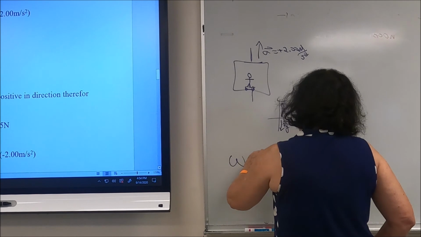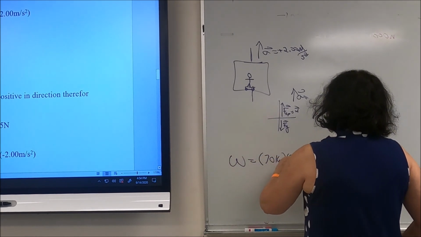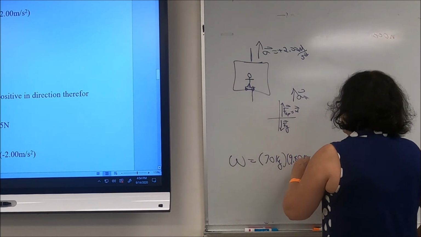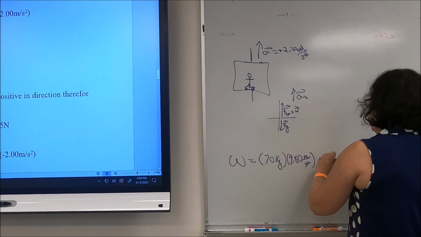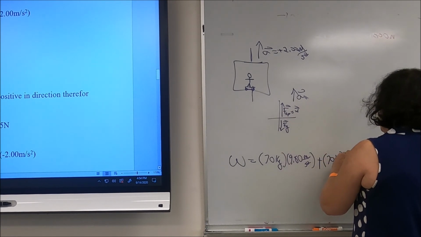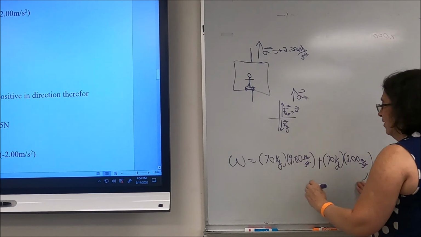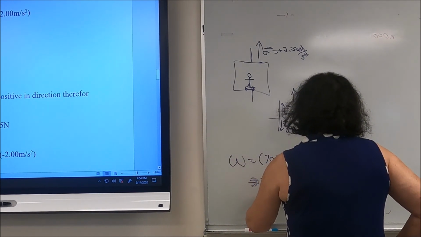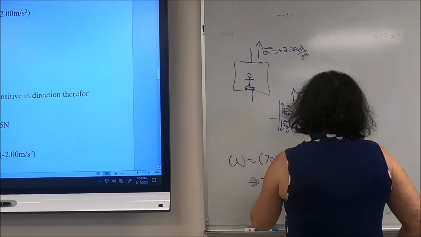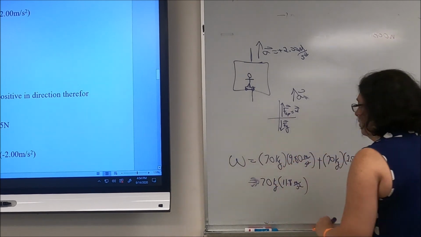Weight here is going to be mg, which was 70 kilograms times 9.80 meters per second squared, plus 70 kilograms times 2 meters per second squared. So it's going to be equal to 70 kilograms times 11.8 meters per second squared.